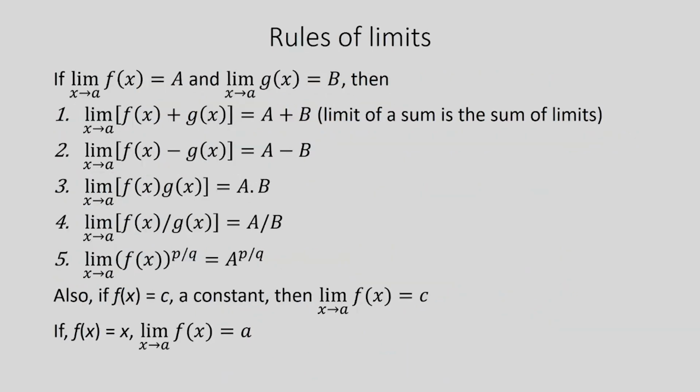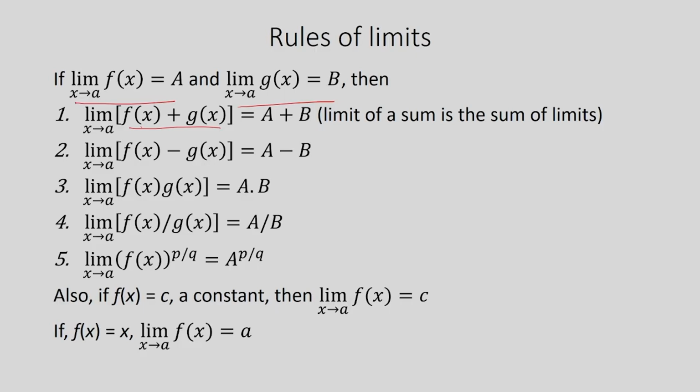Now, there are some rules of the limits. That is what we want to start in this class. Suppose it is given to us that the limit of f(x) as small x tends to small a is equal to capital A, and the limit of g(x) as small x tends to the same value small a is capital B. Then what about the sum of f(x) and g(x)?